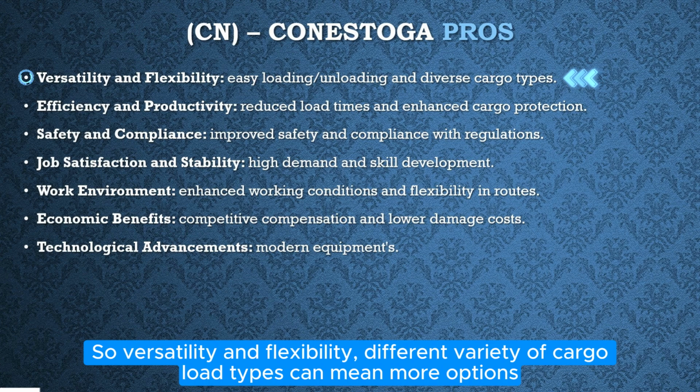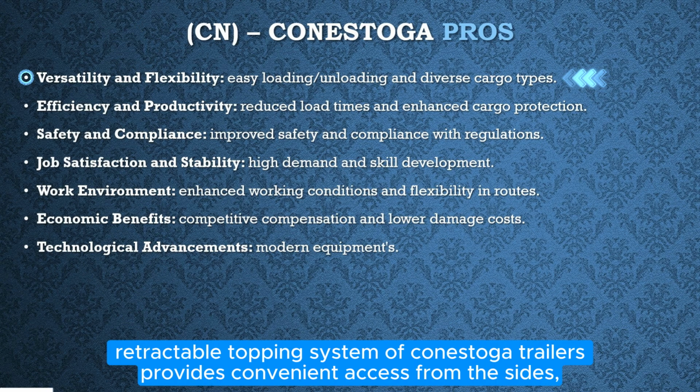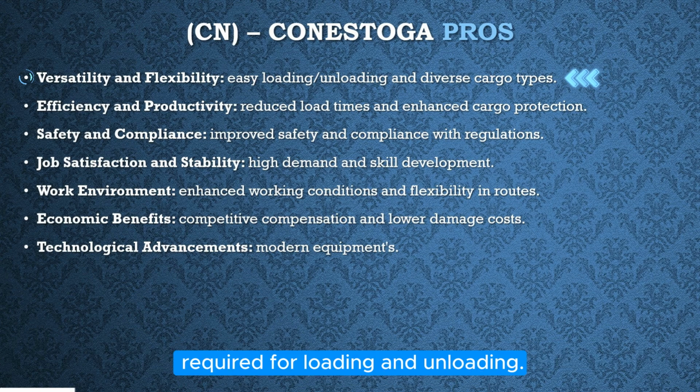So versatility and flexibility: a different variety of cargo and load types can mean more options for load bookings. The retractable topping system of Conestoga trailers provides convenient access from the sides, top and rear, enabling efficient handling of cargo and significantly reducing the time required for loading and unloading.